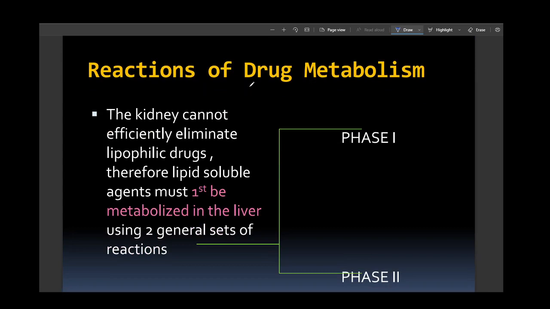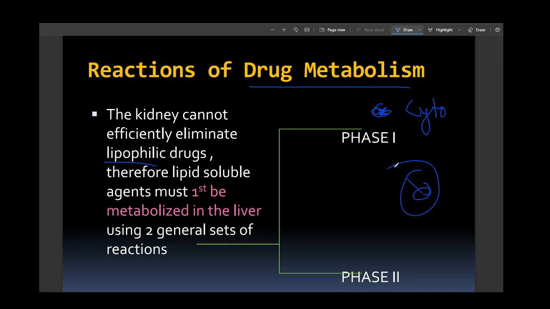There are two phases of drug metabolism so that we can excrete it out of the body. We cannot eliminate lipophilic drugs, meaning lipid loving drugs, because when they are in the kidneys, they go into the kidneys again by phagocytosis.